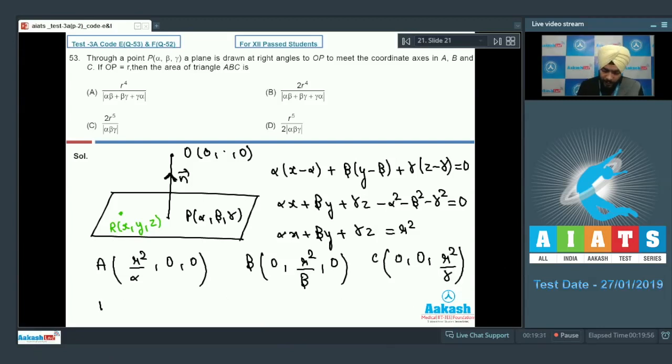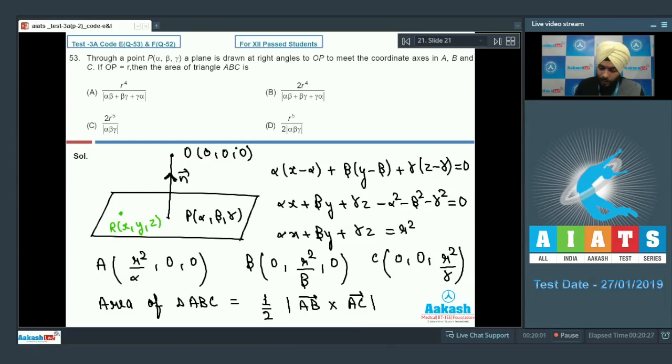So we have the area of triangle ABC as 1 by 2 magnitude of AB vector cross AC vector. Because it is 1 by 2 AB sin C or BC sin A or AC sin B. So this is directly the geometrical application of cross product of two vectors.